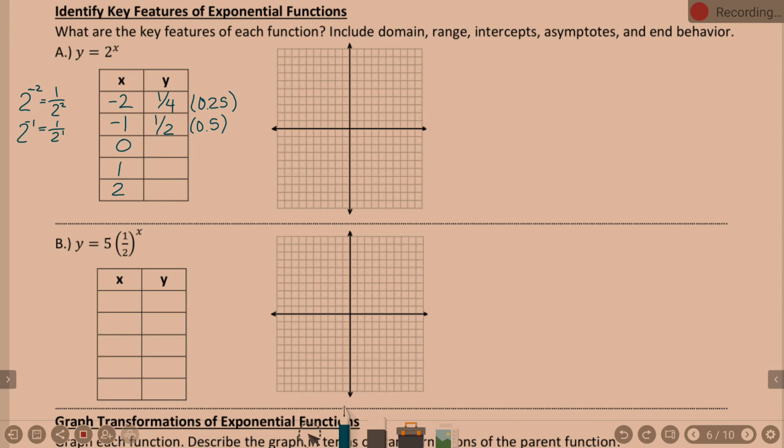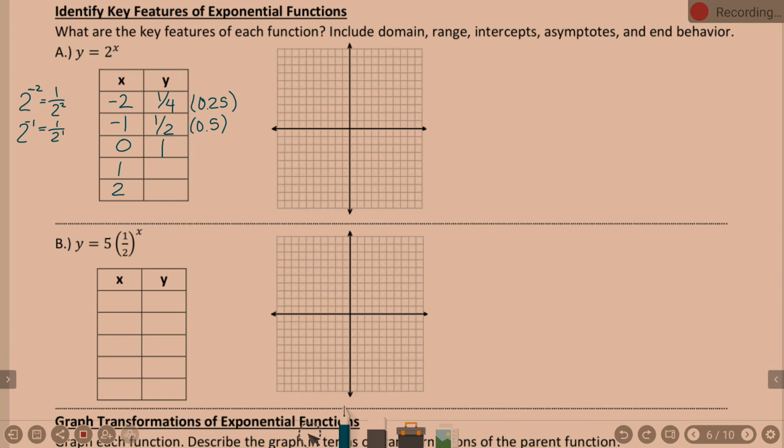Now, again, the calculator will tell me this next one, but I also want you to get it memorized. 2 to the 0. What is anything raised to the 0? 1. Anything raised to 0 is 1. The calculator will back me up on that. Okay? So 2 to the 0 is 1.